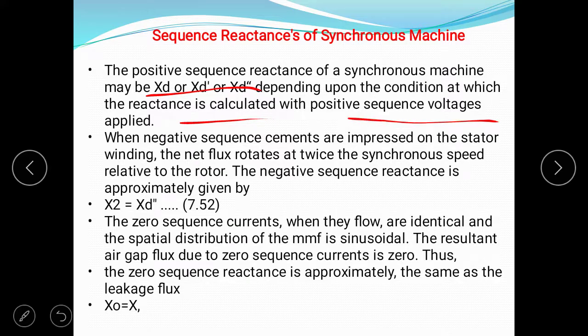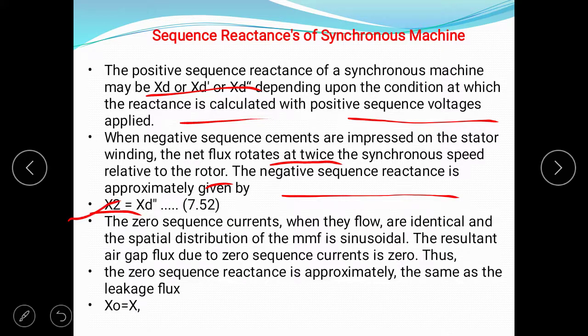When negative sequence currents are impressed on the stator winding, the net flux rotates at twice the synchronous speed relative to the rotor. So the negative sequence reactance is approximated by X2, which is equal to Xd double dash.